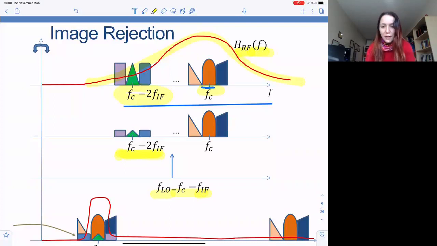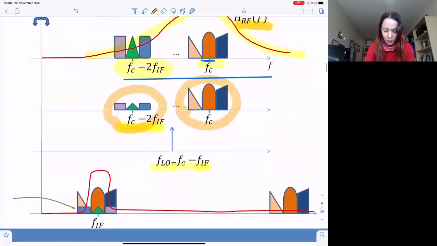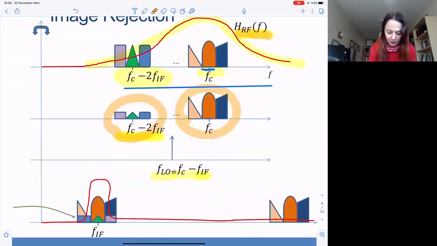So what will happen after the mixing? After mixing, these signals will come on top of these signals. Although they've been attenuated a little bit by the RF filter, they will still be there. So what we will be seeing at the intermediate frequency is some interference that is called an image.